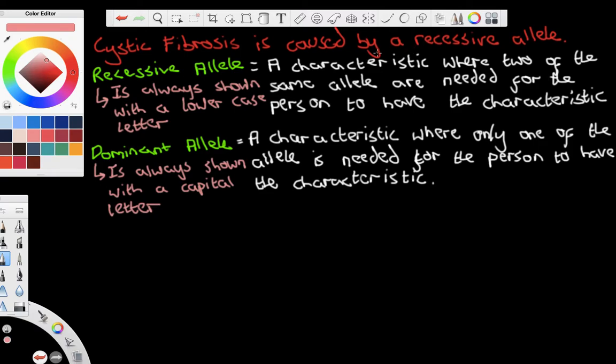So in order to have cystic fibrosis, you need two of the cystic fibrosis allele.